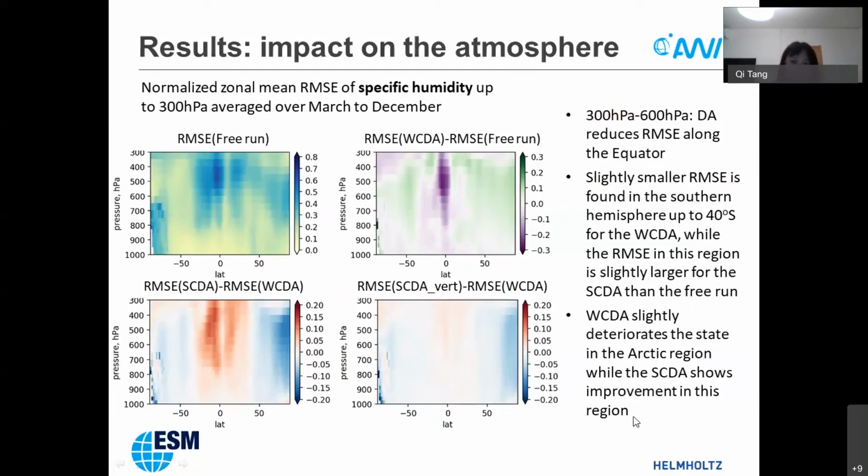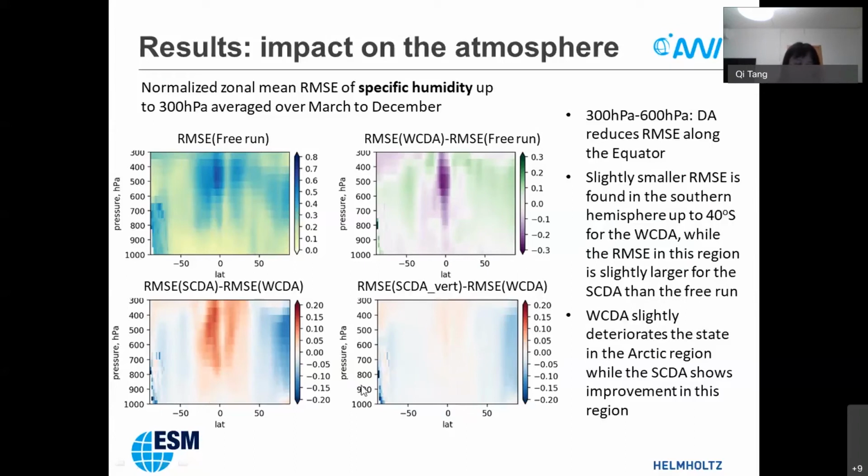And slightly smaller RMSE is found in the southern hemisphere north of 40 degrees south for the weakly coupled data assimilation compared to the free run. And the RMSE in this region is slightly larger for the strongly coupled data assimilation than for the free run.